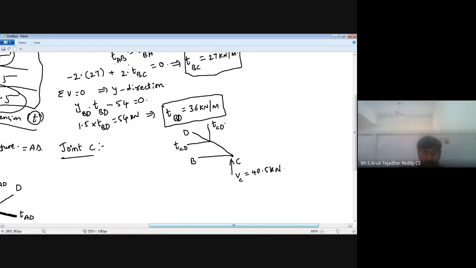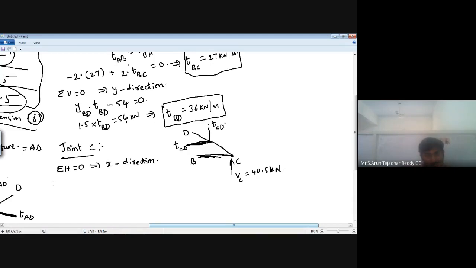Now apply equilibrium equation. First one is horizontal force, that is in x direction. How many horizontal forces are acting here? That is two horizontal forces. C to B, one horizontal force. Here CD, horizontal force.